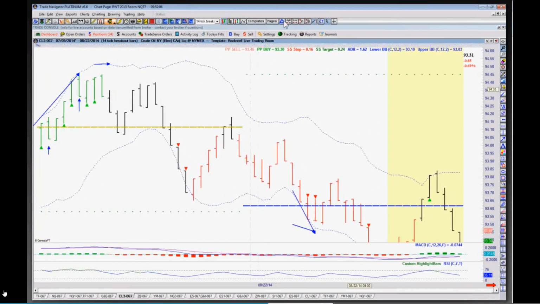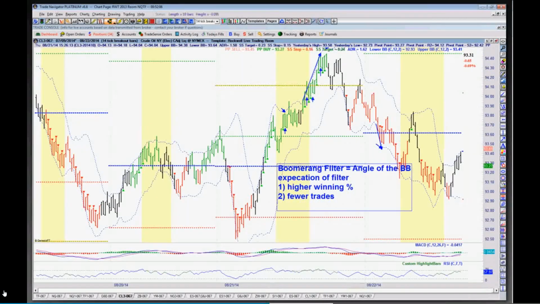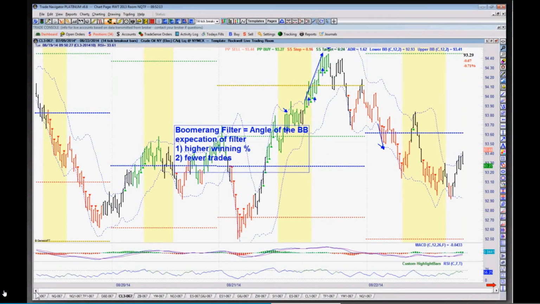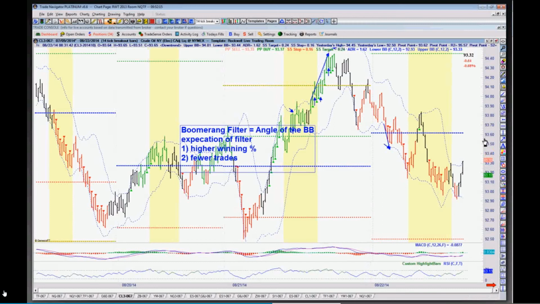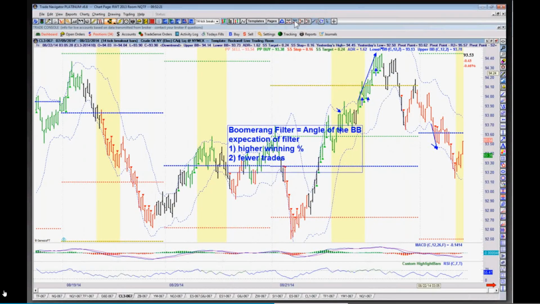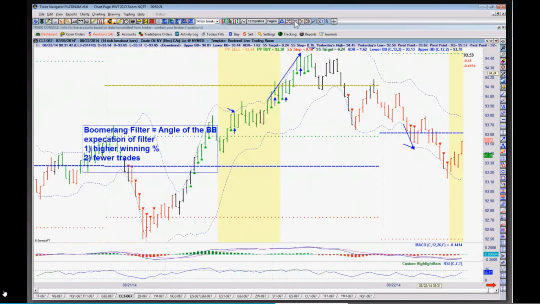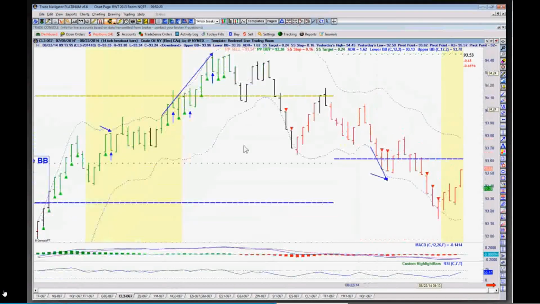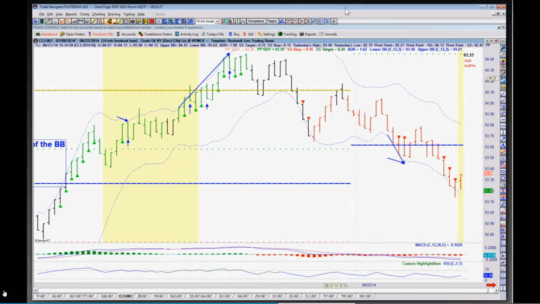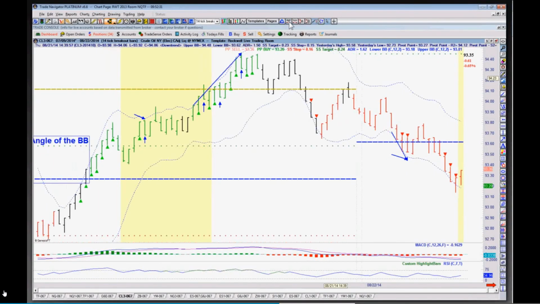So like in crude oil today, and this is another important point, whether or not you want to use the angle filter, the angle filter is a nice filter, but sometimes boomerangs are just working out great in a particular market. Like crude oil right now, we saw that with the examples that were given, crude oil had a pretty decent winning percentage this week just looking at basic signals.